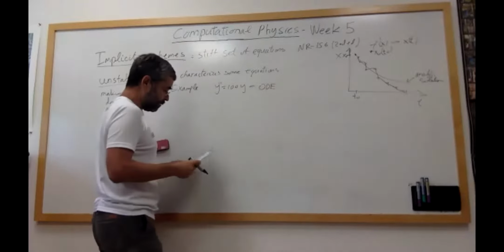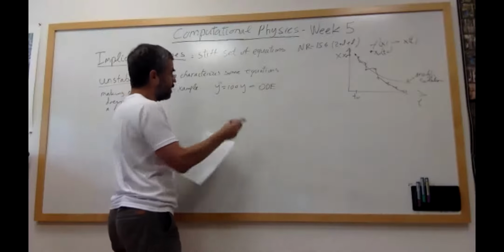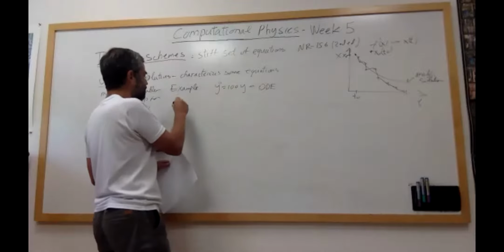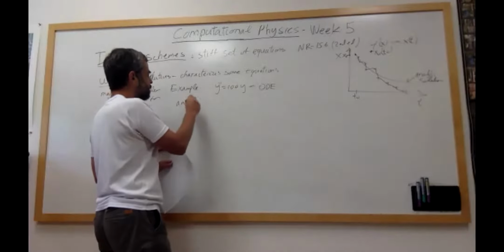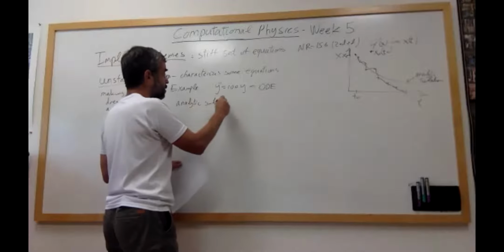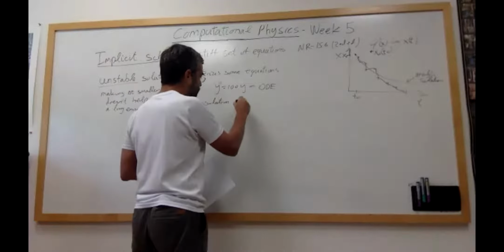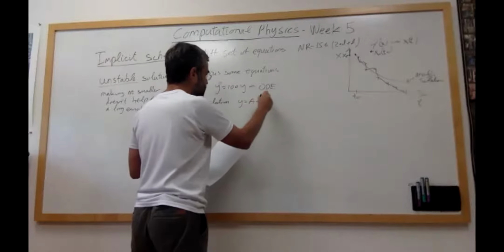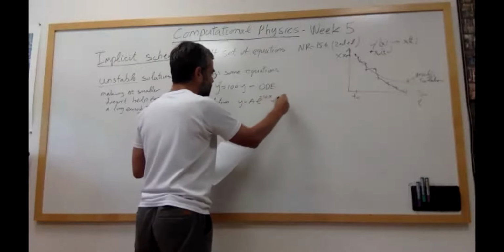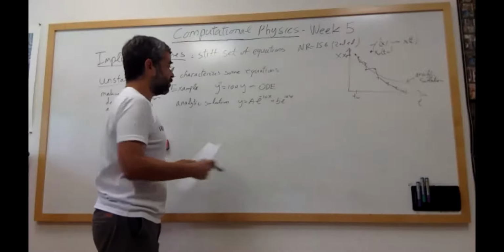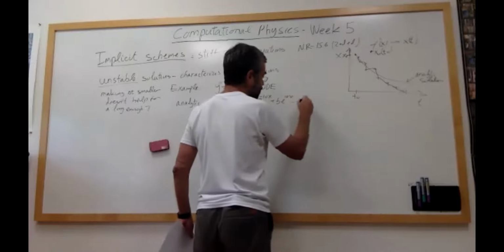Okay, so we know that if we look at the analytic solution, y is a e to the minus 10x plus b e to the power of 10x. So this is the general solution.